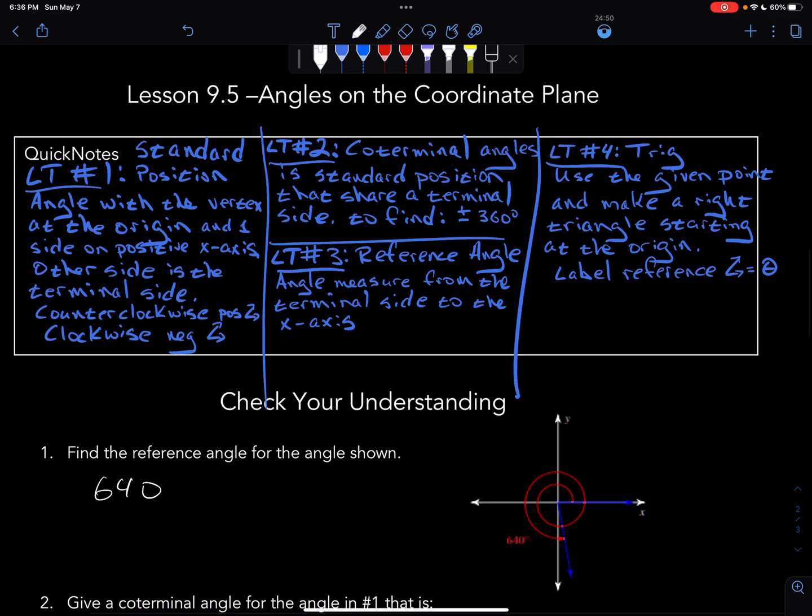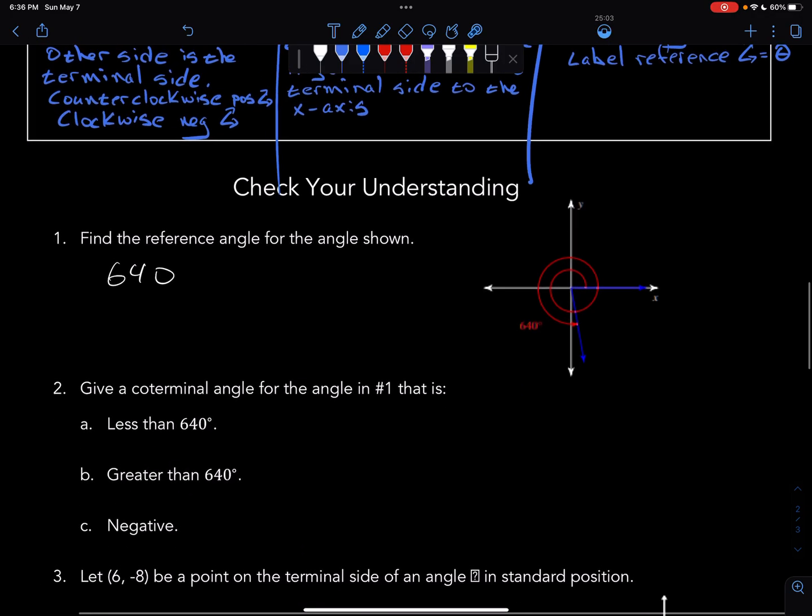Looking up here, we're going to go back to the terminal side, from the terminal side to the x-axis. So we're going to start by subtracting 360 degrees.